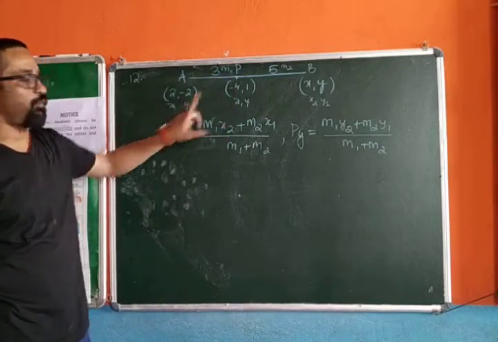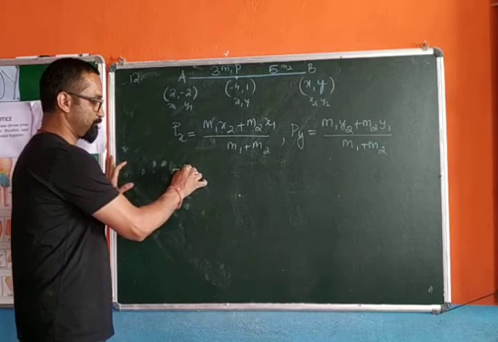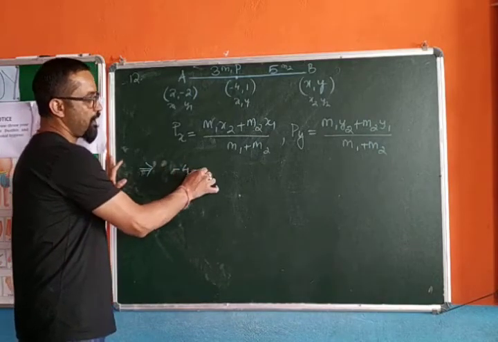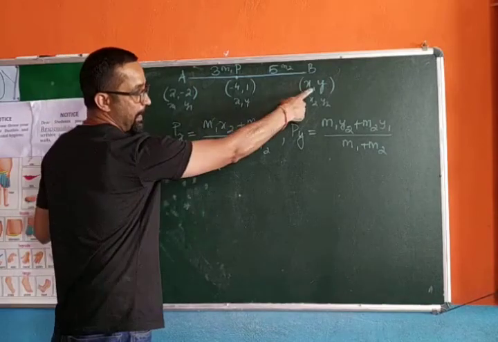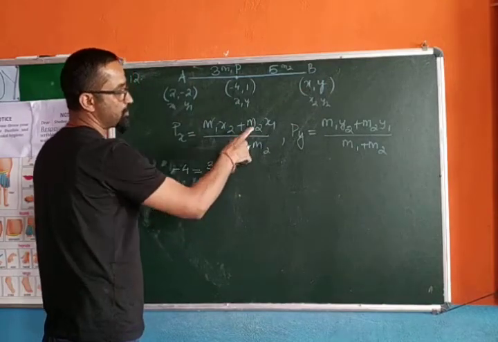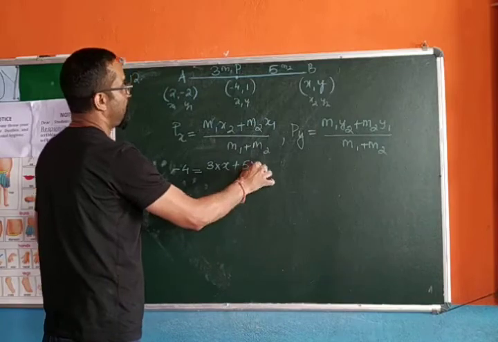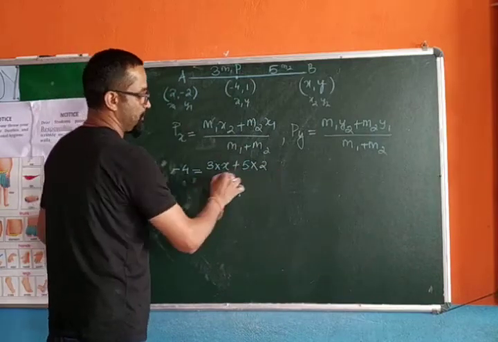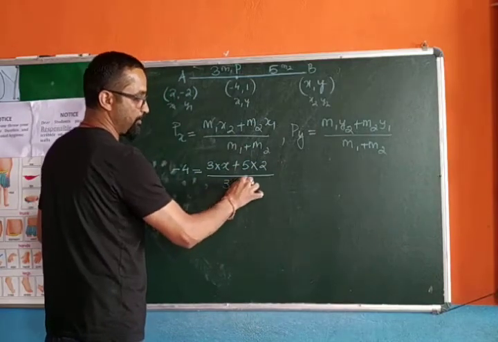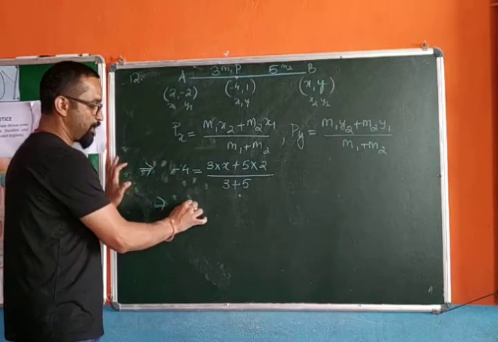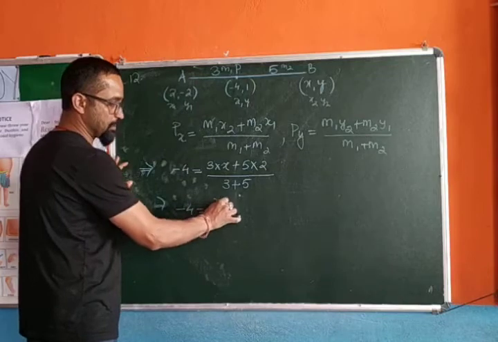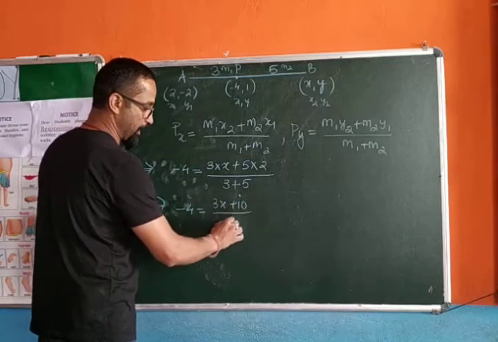Px is minus 4. Substitute minus 4. m1 is 3, x2 is x, plus m2 is 5, x1 is 2, divided by 3 plus 5. Substitution: minus 4 equal to 3x plus 10 divided by 8.